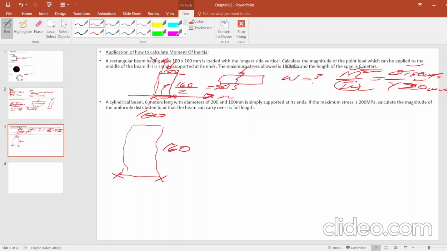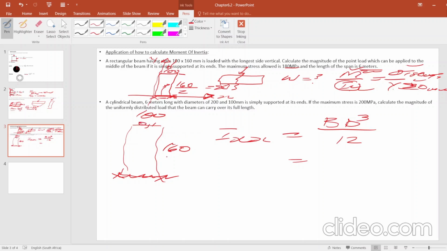Remember I said that in this formula, you must work with Ixx, meaning this is where we have taken moment on the x-axis, equals to b d cubed divided by 12. Then our b, it is 100. When you divide by 1000, it will give us 0.1.